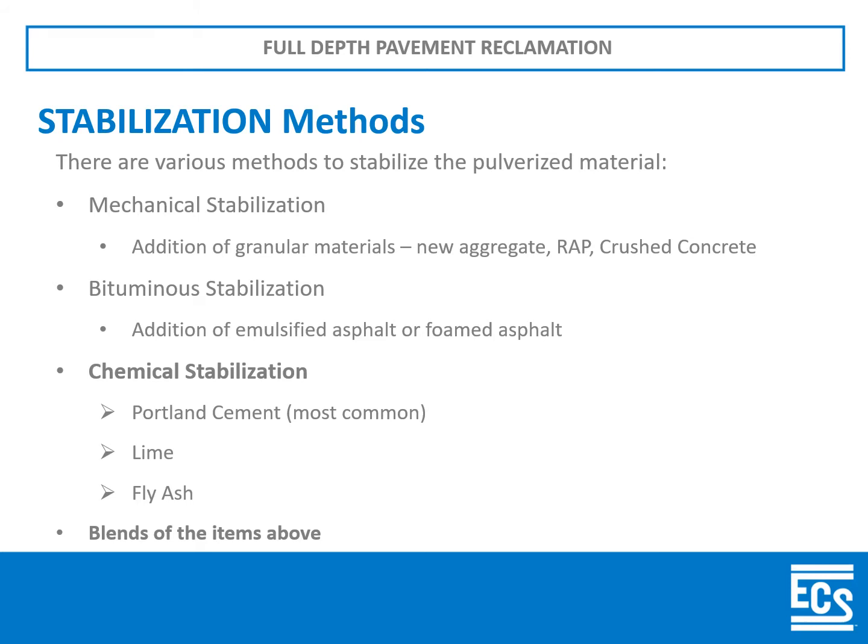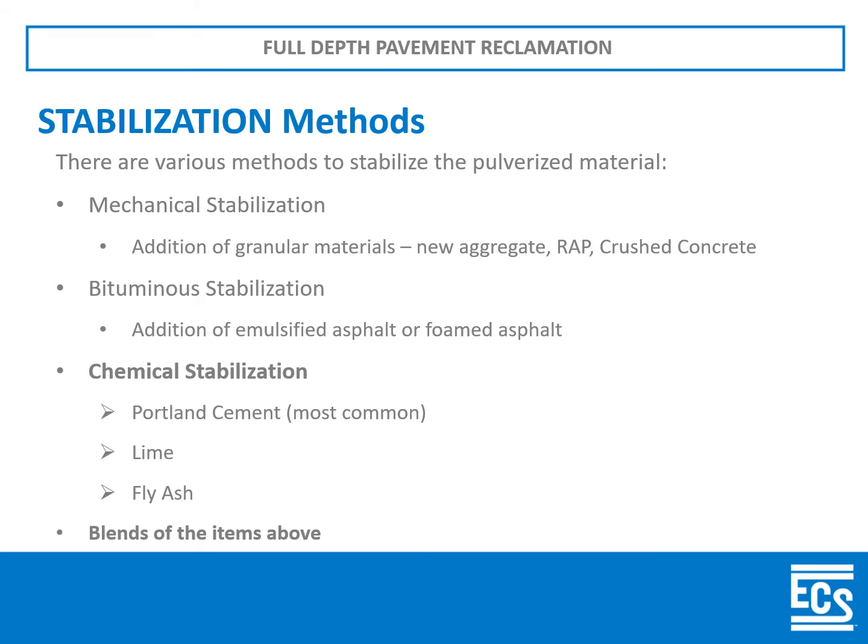With mechanical stabilization, you're just adding granular materials, whether it's new aggregate, RAP, or crushed concrete, and you're using that as the basis of improvement of your pavement section, or sub-base section, I should say. With bituminous stabilization, you're adding emulsified asphalt or foam asphalt and making that part of your stabilized base. Again, our primary discussion is chemical stabilization.